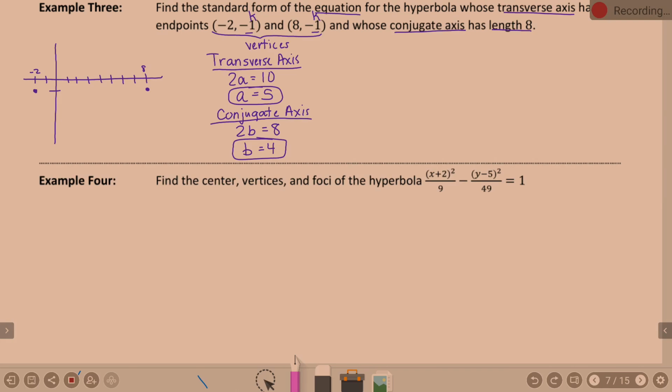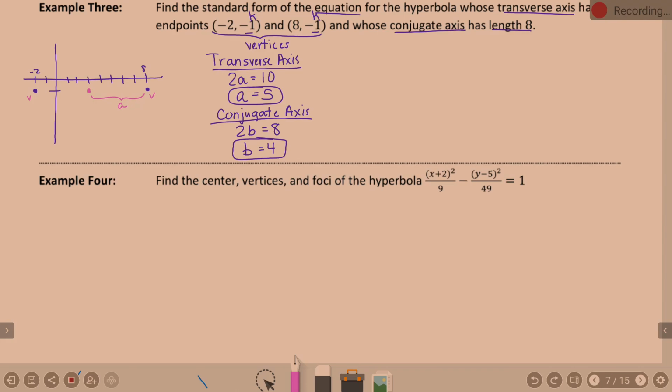If these are the vertices or the transverse axis endpoints, either way, even if you didn't figure them out as vertices, they're the ends of one of my axes, right? Where's the center going to be? Smack dab in the middle. So if this was a length of 10, how far do I need to count in? We're counting in 5, yes? That's also your A value that counts in 5.